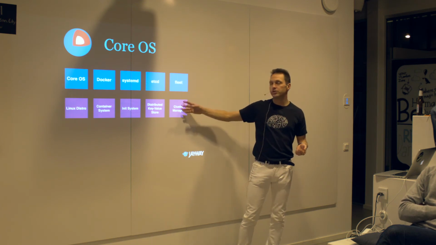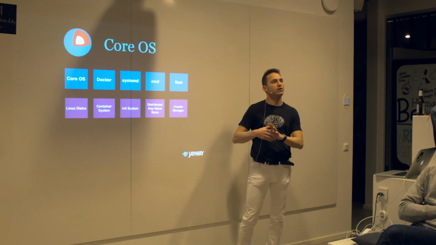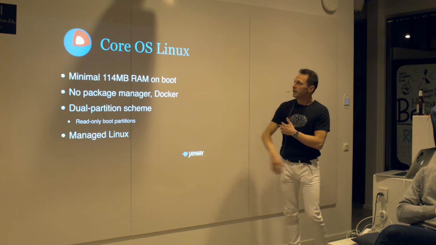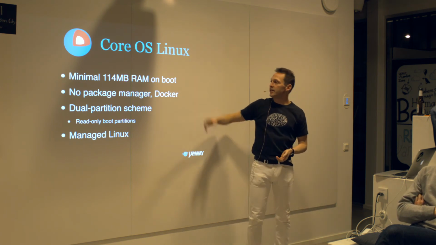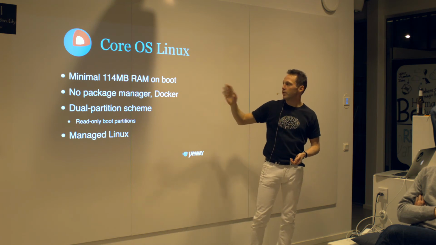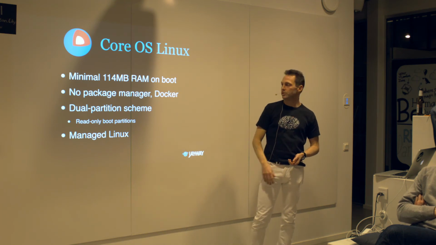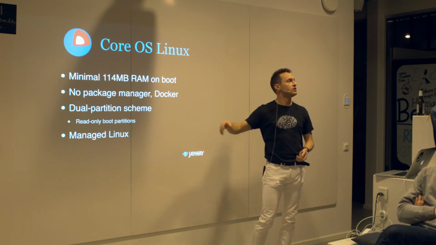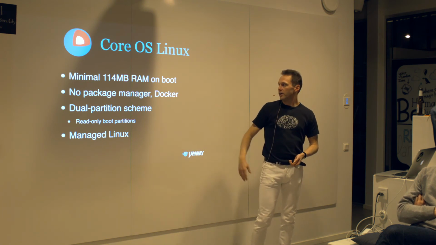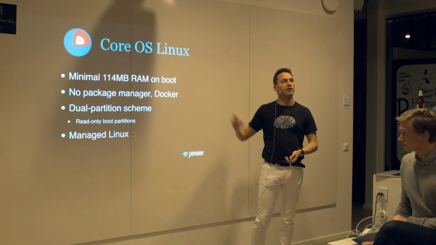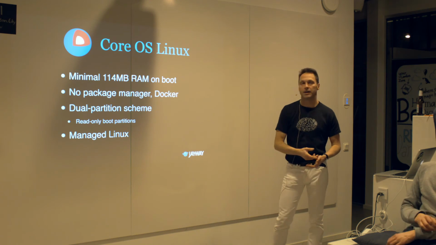And it uses Fleet as a cluster manager for running commands against the cluster. CoreOS is a minimal Linux distribution, so it's only 114 megabytes RAM on boot. It doesn't have a package manager because everything is supposed to run as containers. Docker containers or Rocket containers, because they're the ones that are developing it.